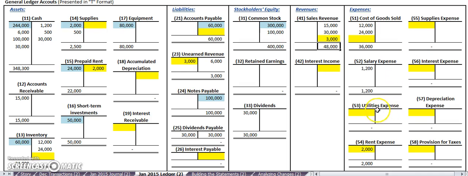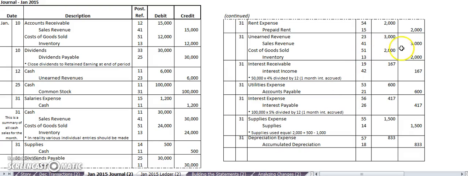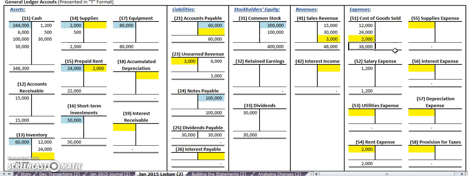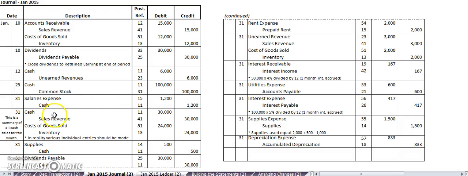I recognize the expense of the inventory when I purchased it at that point. So inventory is going to go down. Sorry, recognizing the expense would be cost of goods sold, right? That's the right terminology, recognizing the expense. And of course, the inventory goes down by $2,000.